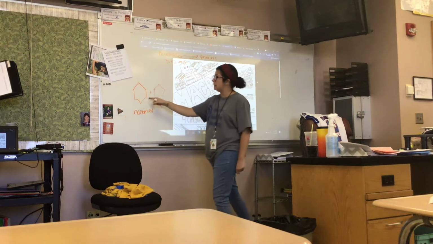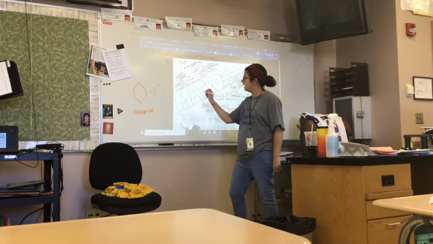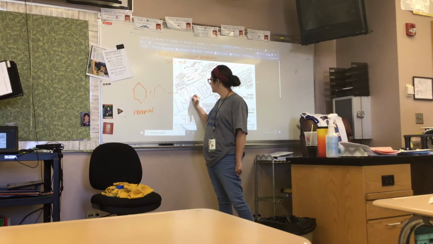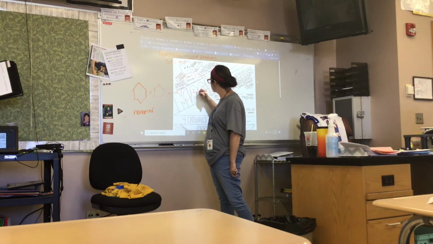Now we can take those monomers and add them together and make a bigger molecule where they combine. So here's one. I am going to erase this in a second. My balance stinks.